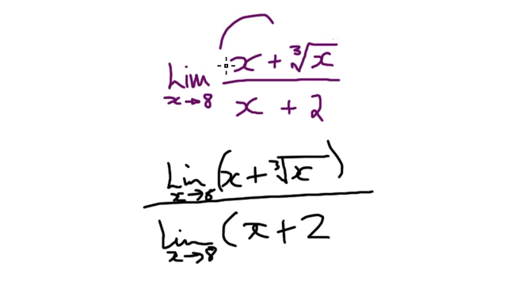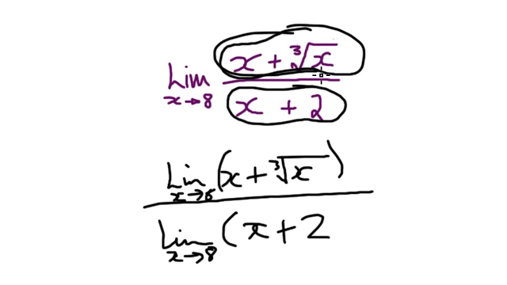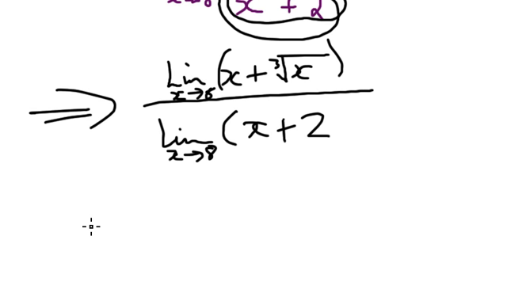So you're finding out the limit of this and the limit of this, and then getting this divided by this.